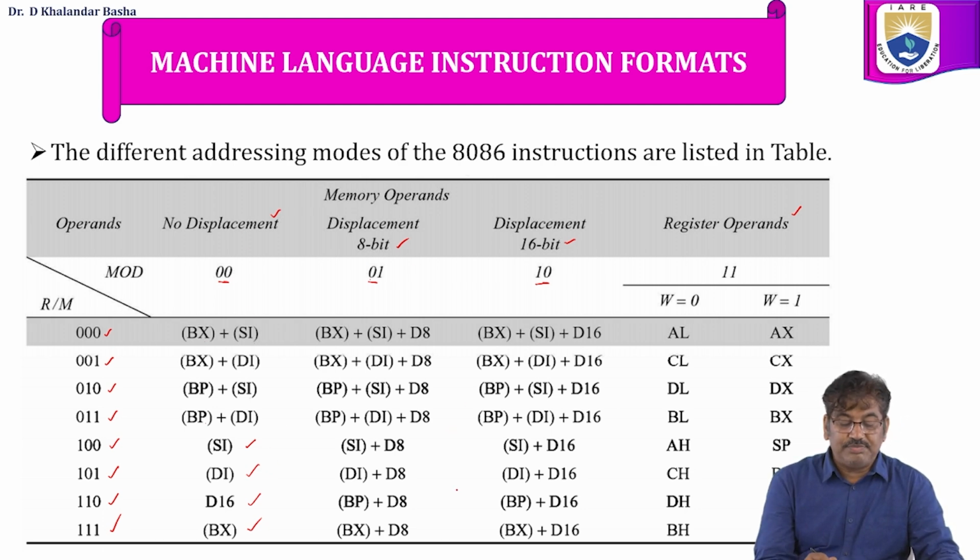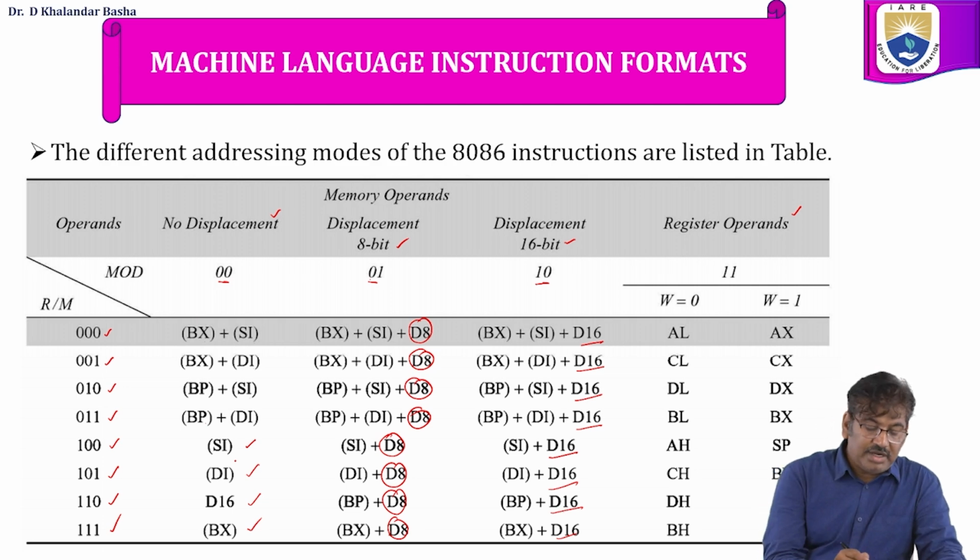Whereas with 8-bit displacement, for this field the 8-bit displacement will be added. Whereas for 16-bit, the 16-bit displacement is added, that is D16.